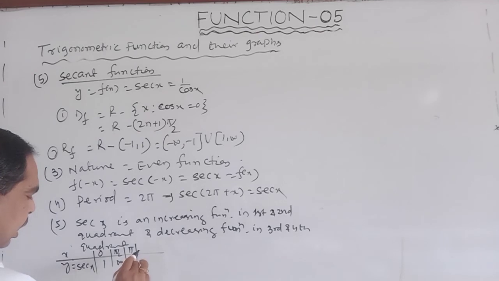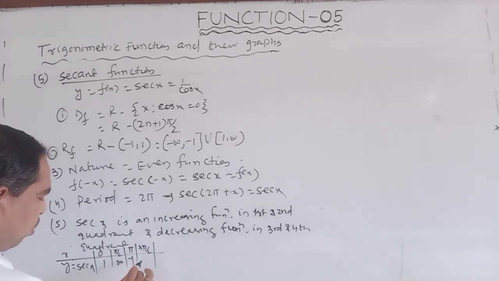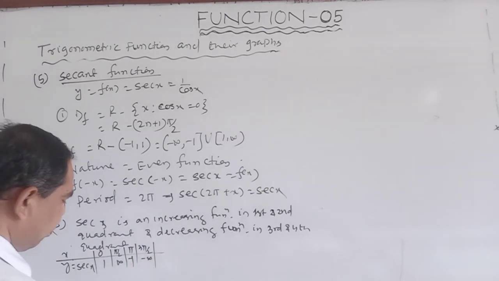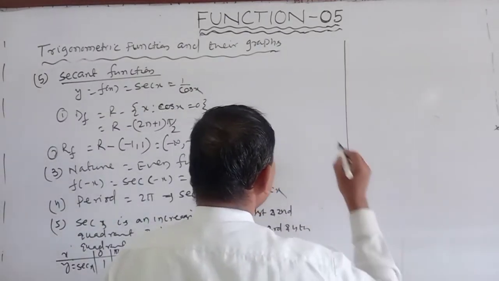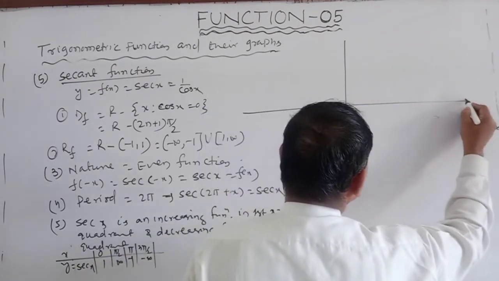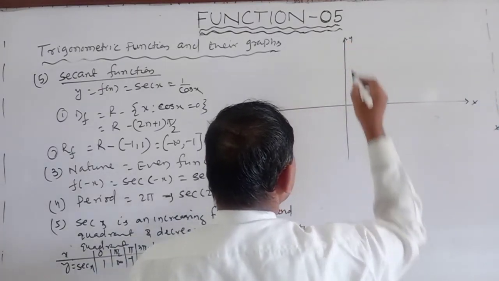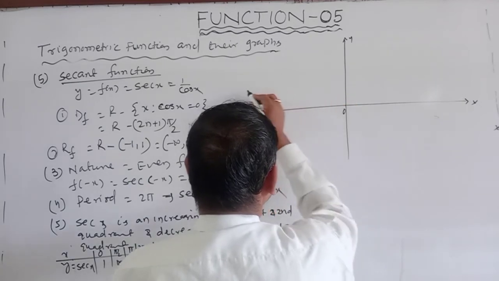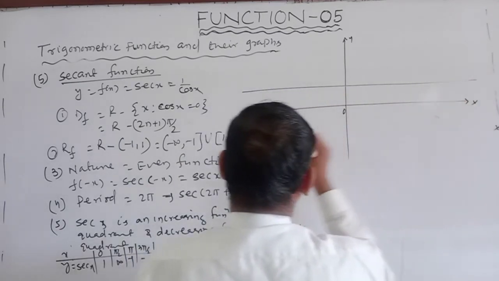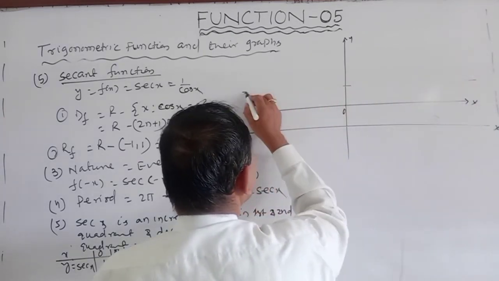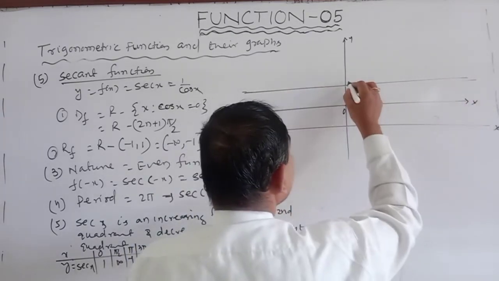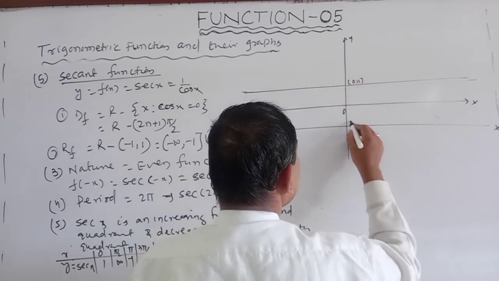Next, sec 3 pi by 2 is minus infinity. Let me check and draw the graph, look. This is the x axis, this is the y axis, the origin. This is 0, 1. This is 0, minus 1.